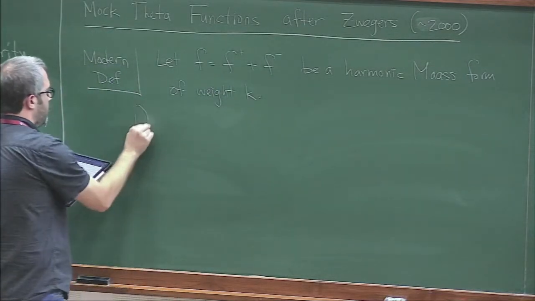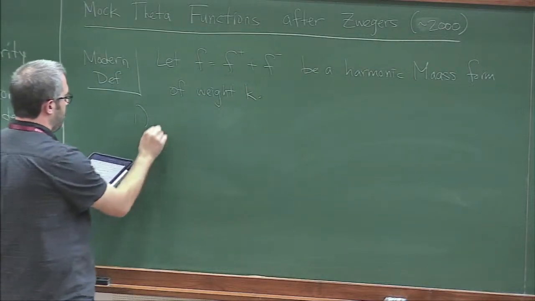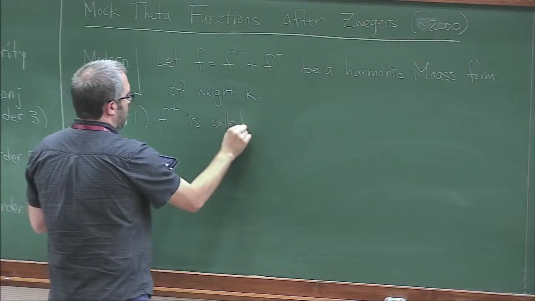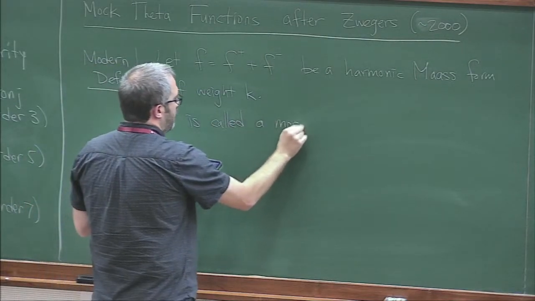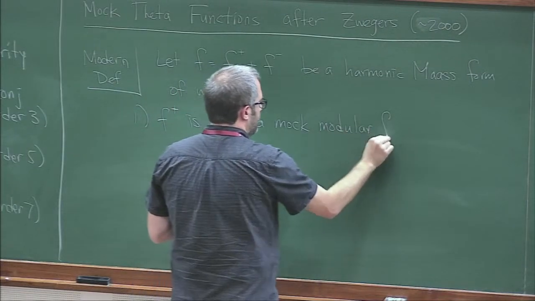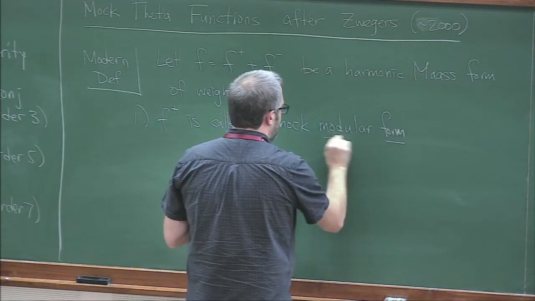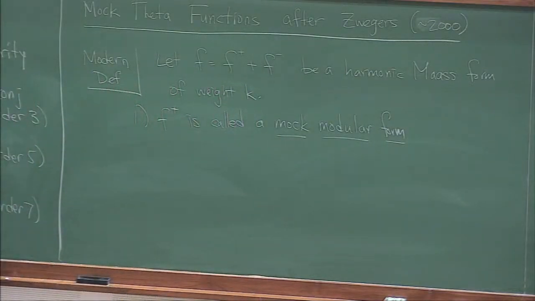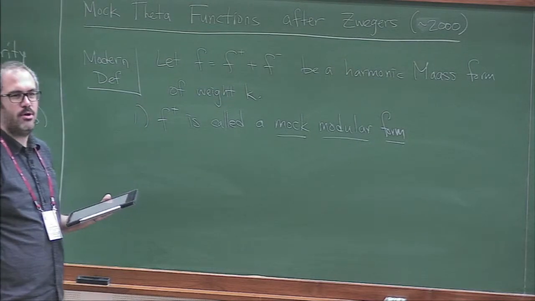Okay, so there are 3 parts to this definition. The first one is that f plus is called a Mach modular form. I think maybe I've said this in passing, and other people have mentioned this, but I don't think I've ever actually written down a definition of what a Mach modular form is.